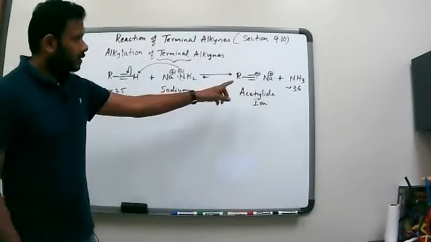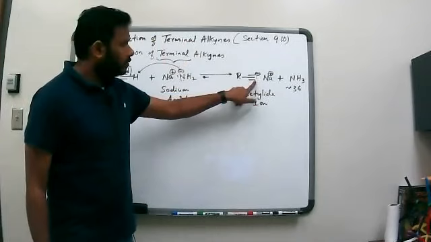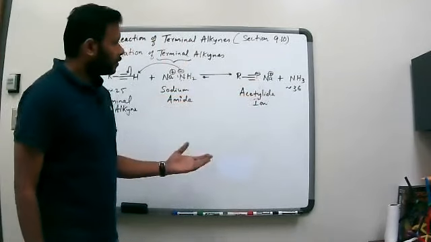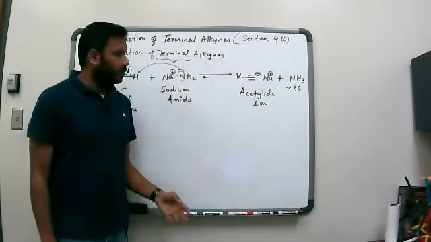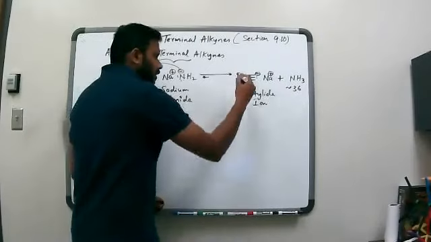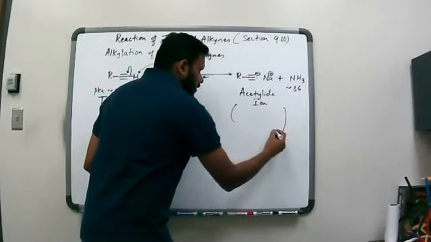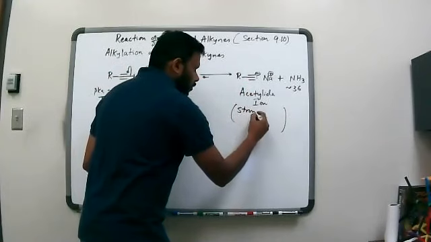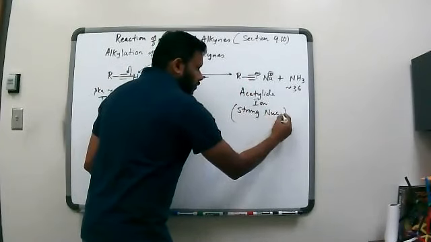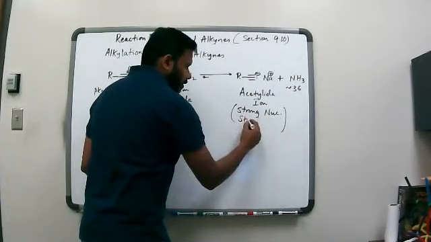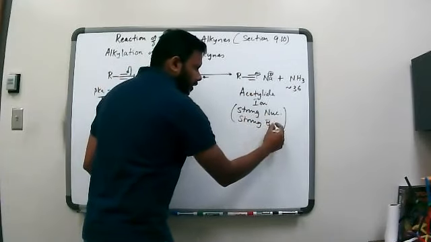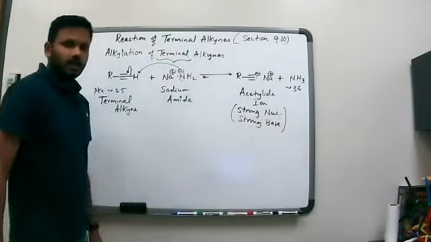Now, when you look at the acetylide ion, this is a carbon with a negative charge. What you should realize is this acetylide ion can behave as a strong nucleophile, and it can also behave as a strong base. So it's both.